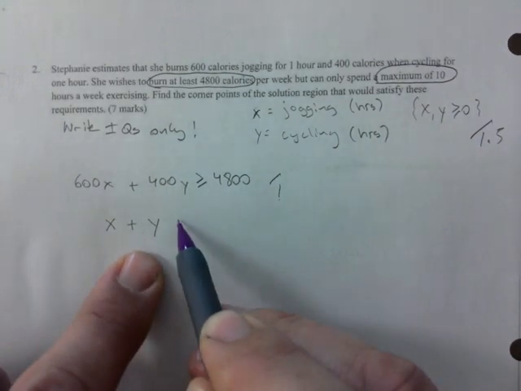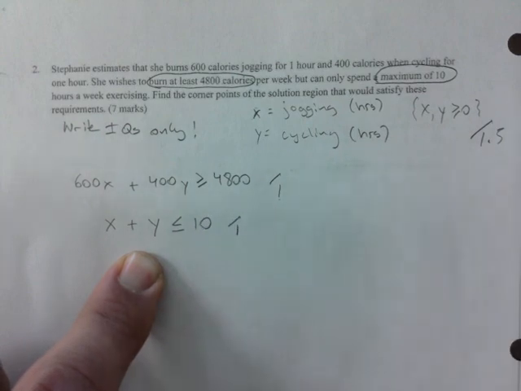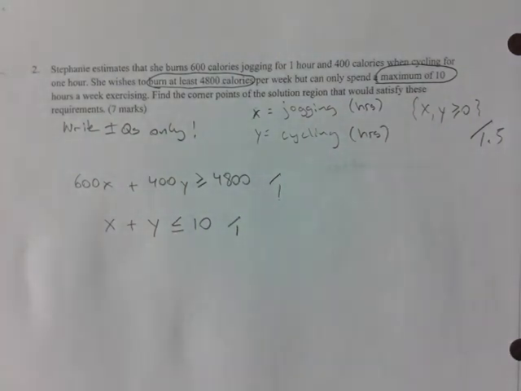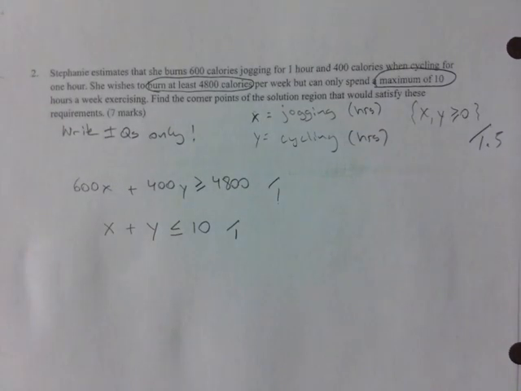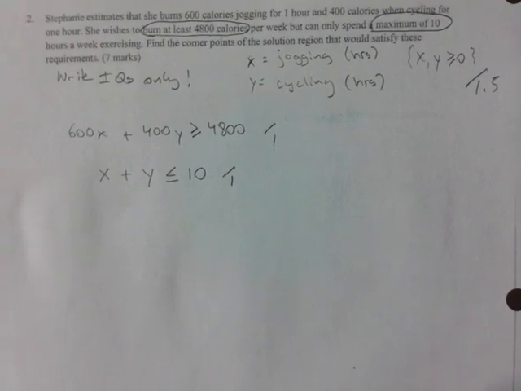The combined hours has to be less than or equal to 10. So that's weird, 3.5 marks. So we'll just do it like that. It just doesn't work otherwise.